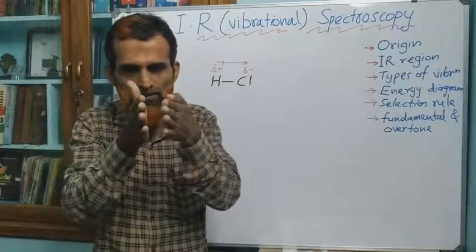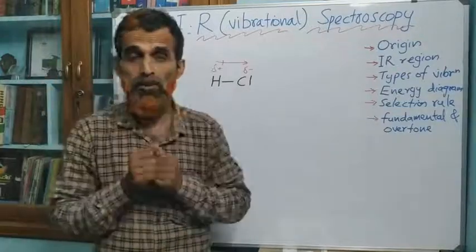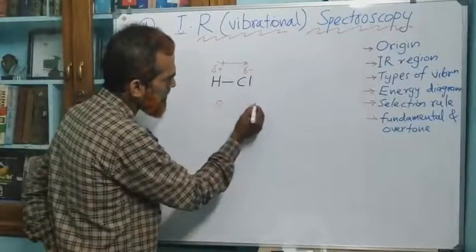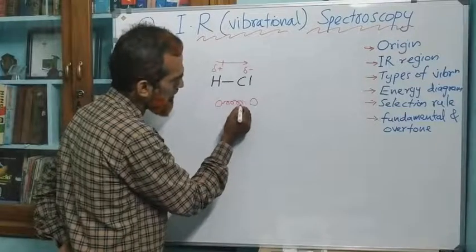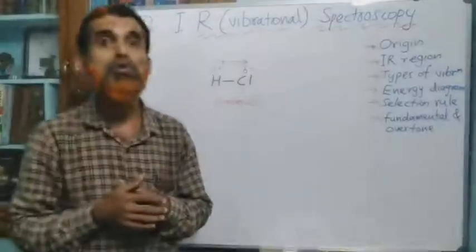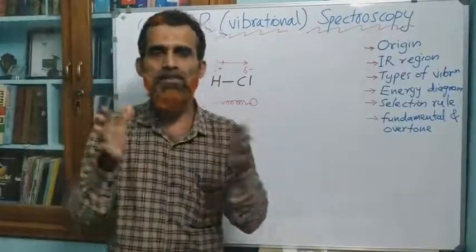This keeps on going. This is called vibration of a molecule. It is something like a spring. Two bodies are connected by a spring. You might have learned about Hooke's law in connection with this stretching.